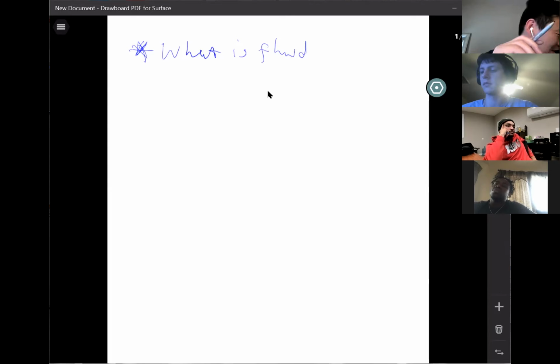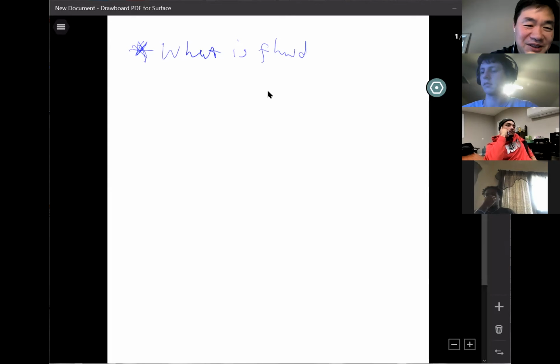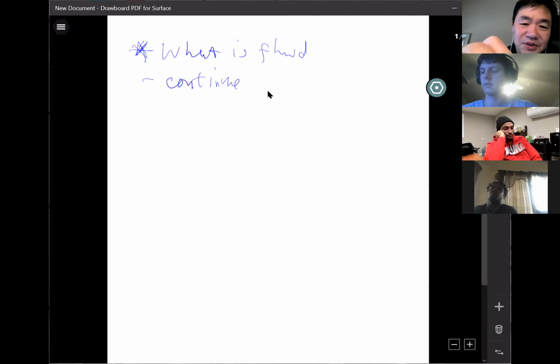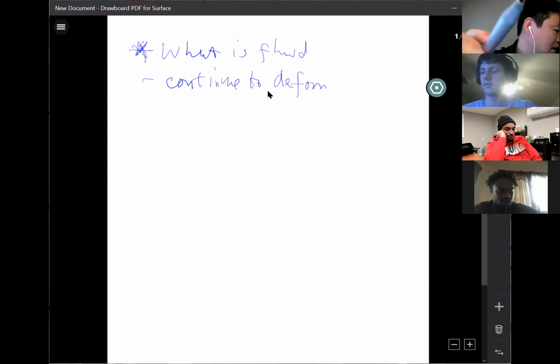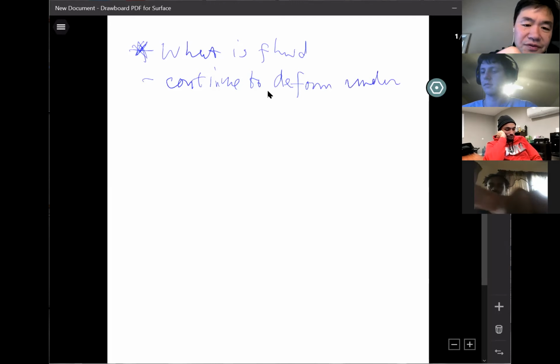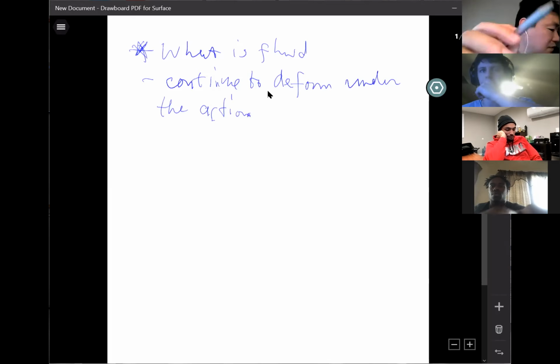In the textbook, a sentence is used to describe a fluid: a fluid continues to deform under the action of a shear stress.